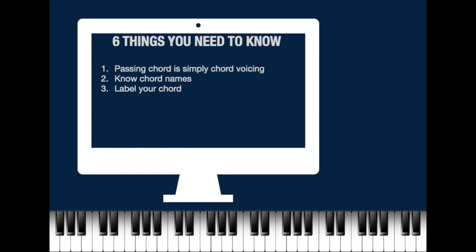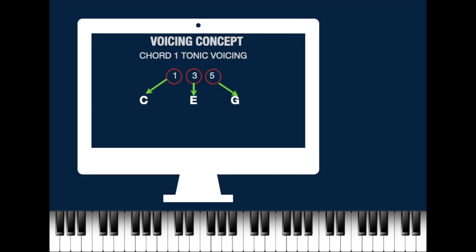Number three, you need to label your chord. This is very, very important. For example, what do I mean? If you have a major triad, for example, C, E, and the G, translate it to numbers. That's how you label your chord. That's why the number system is everything about chord voicing.